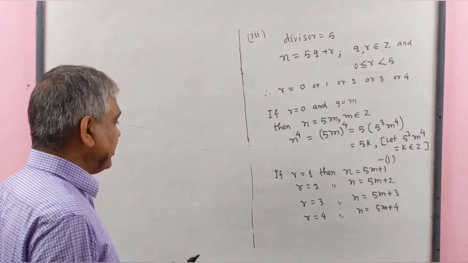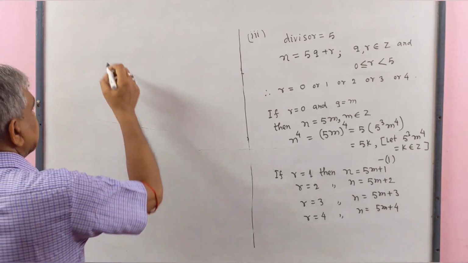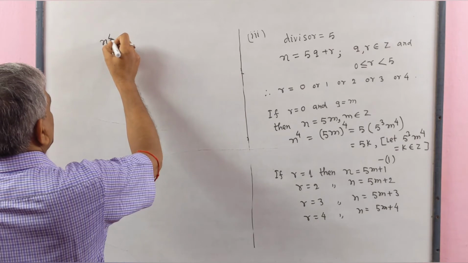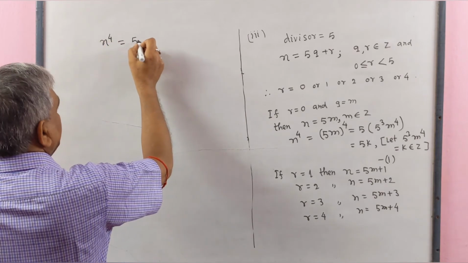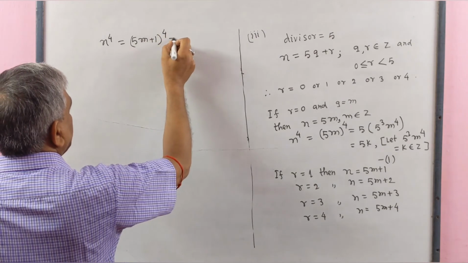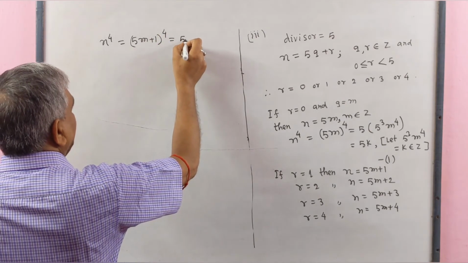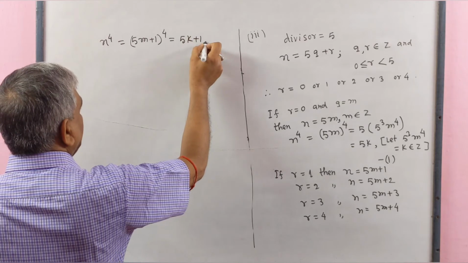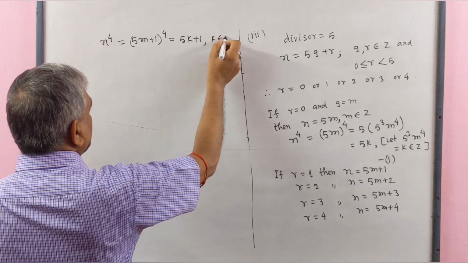We may calculate that n to the power 4 equals 5m plus 1 to the power 4, which equals 5k plus 1. k belongs to Z.